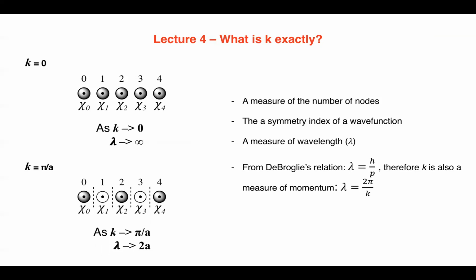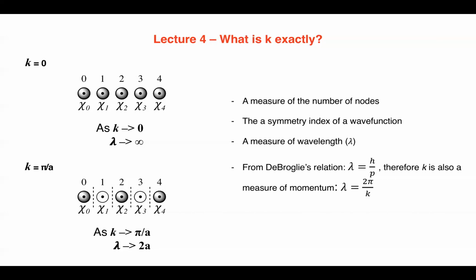So we have these two solutions for k equals 0 and k equals pi over a, and the k equals 0 one has no nodes, right? The k equals pi over a one has many nodes. So the value of k, the way I think about it, is like the degree to which the orbital is antibonding or bonding. It's kind of like a wavelength.